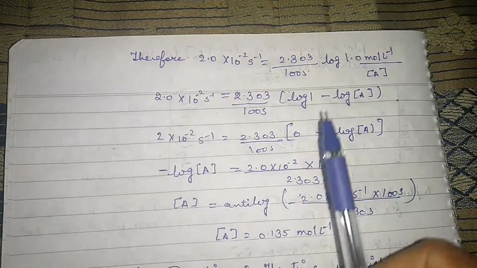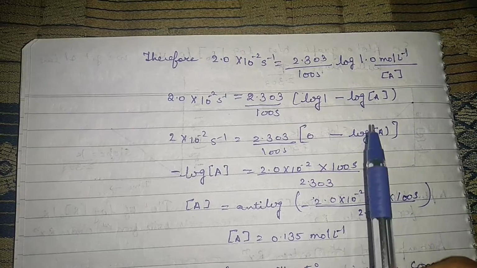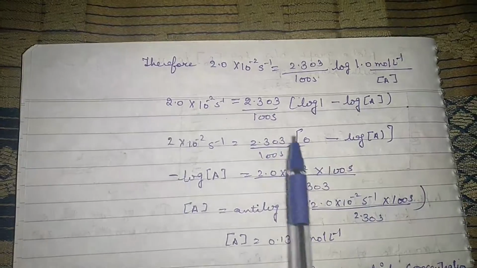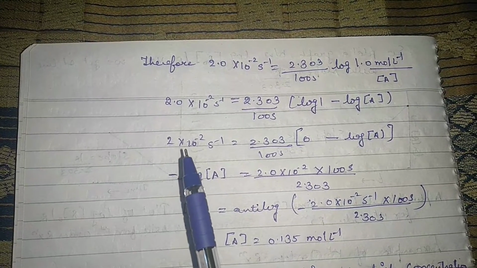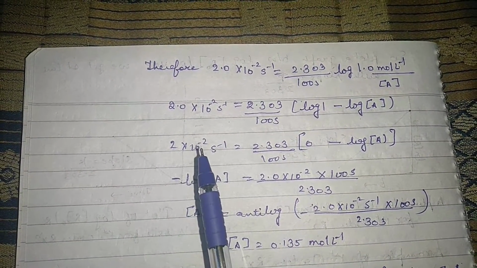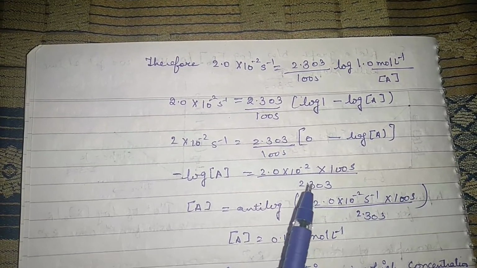Now how I have calculated: log 1 is 0, so it will remain log a. Now we will bring log a to the left hand side, and this value will come here. So it will be like 2 into 10 to the power minus 2 into the value I have written here, brought to the numerator, and 2.303 will come in the denominator.